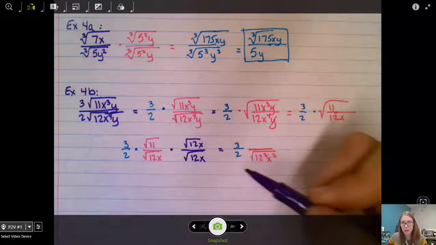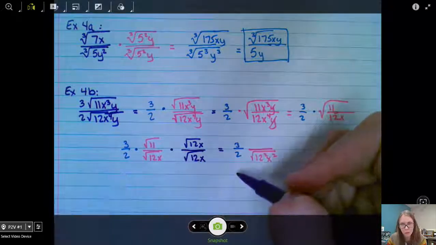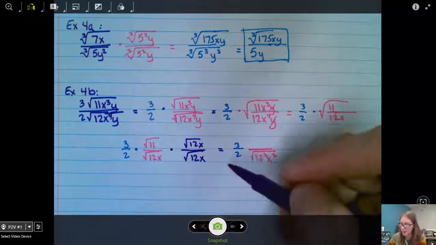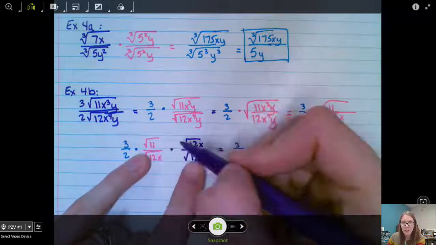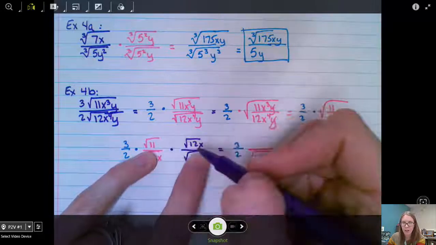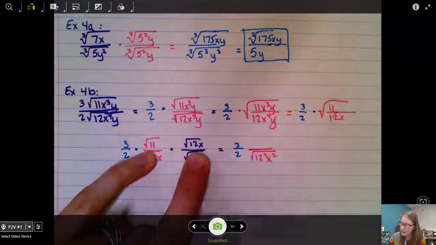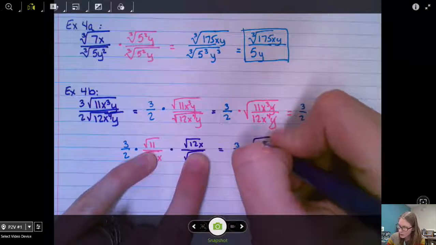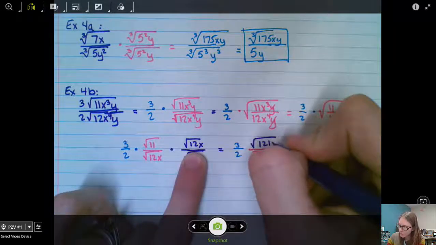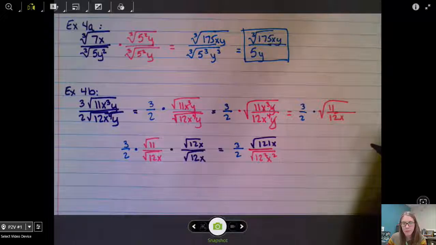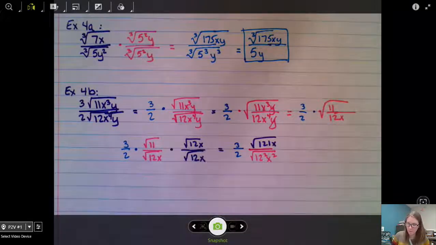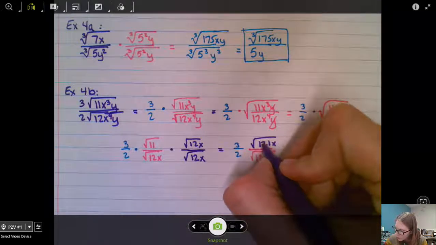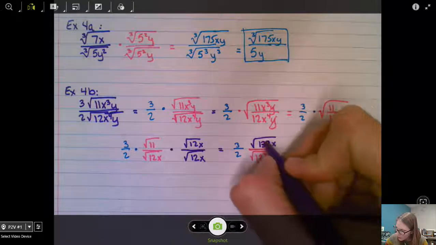And by doing so, I still have that 3 over 2 in the blue that I'm just kind of letting trail behind here. Multiply these two parts, the square root of 11 times the square root of 12x. 11 times 12 is 121x. Or, sorry, 132. 132.